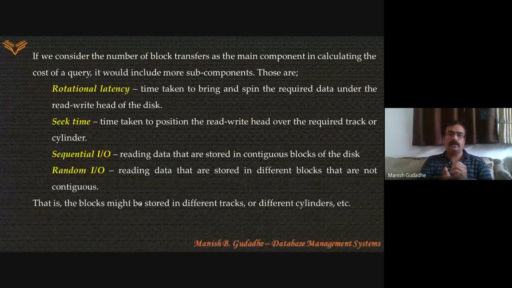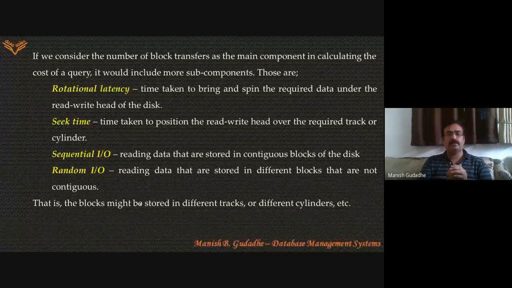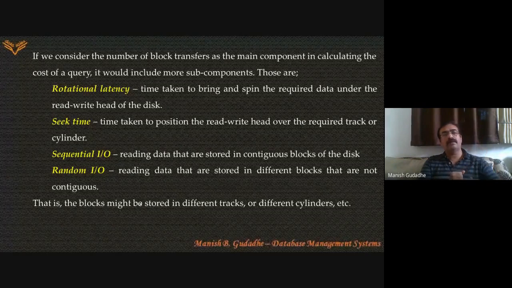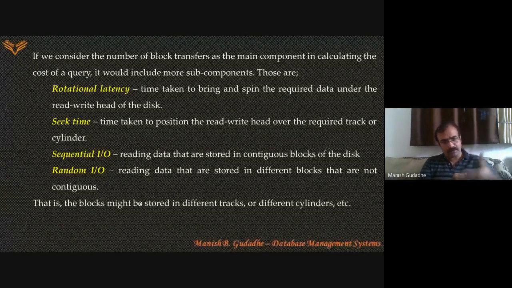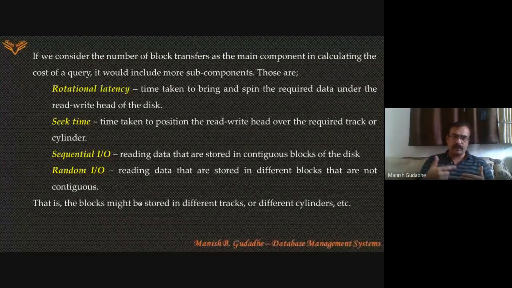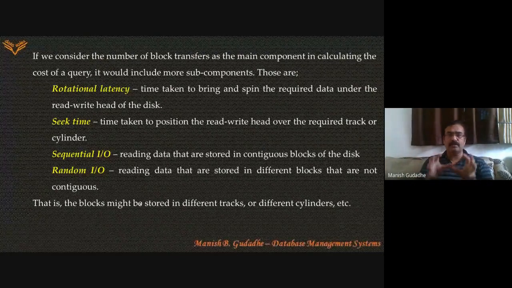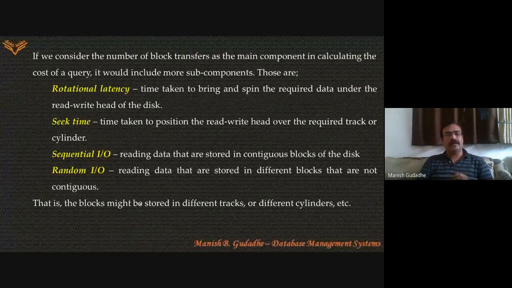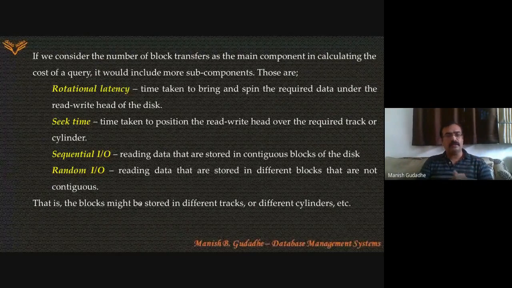Then it also involves the seek time. It may be a huge cylinder or a number of disks or an array of disks. So the time taken to position that read-write head over the required track or cylinder is called the seek time.